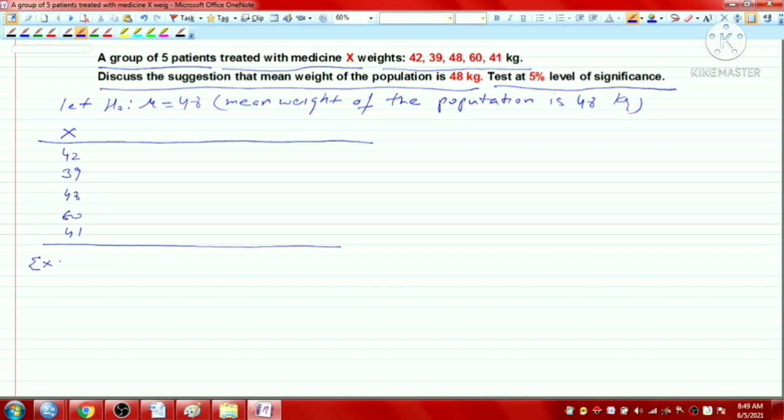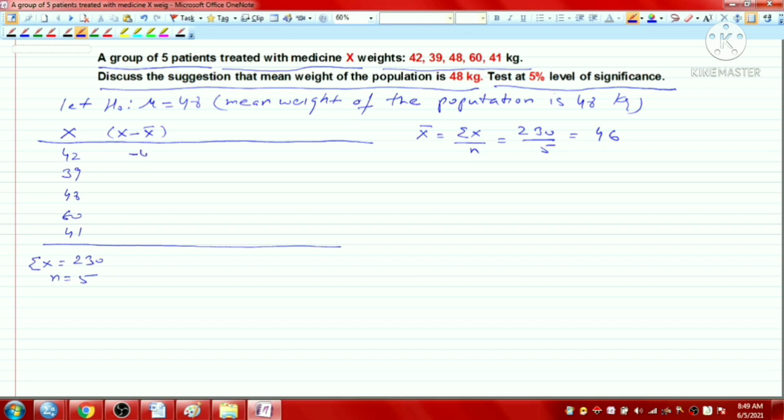Here summation X, the sum total of all the terms, equals 230 kg and the number of observations equals 5. First we will calculate the mean. Sum total of the terms divided by number of terms equals 230 divided by 5, which comes out to be 46 kg. So the sample mean is 46 kg.